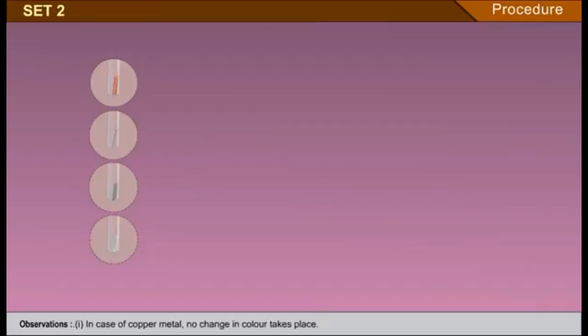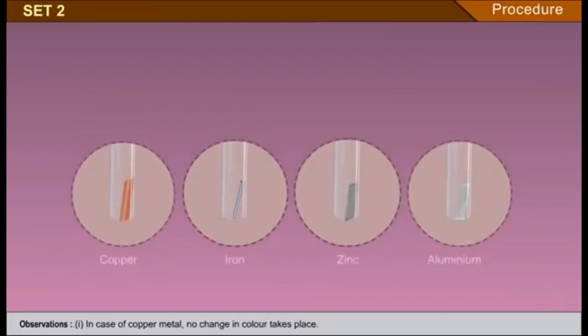Observations. 1. In case of copper metal, no change in color takes place. 2. In case of iron metal, no change in color takes place.